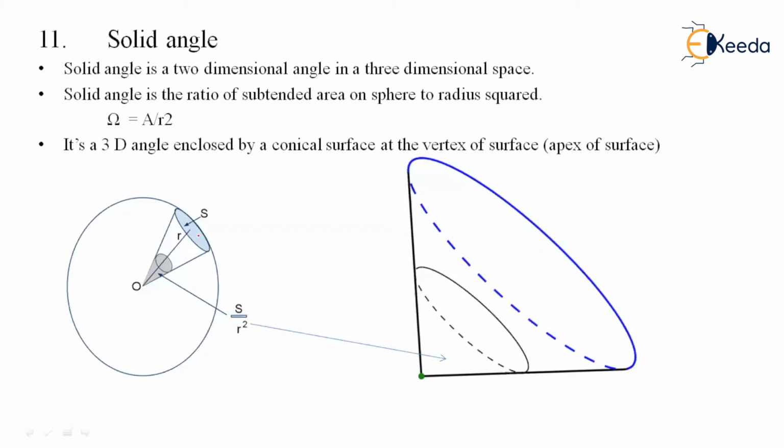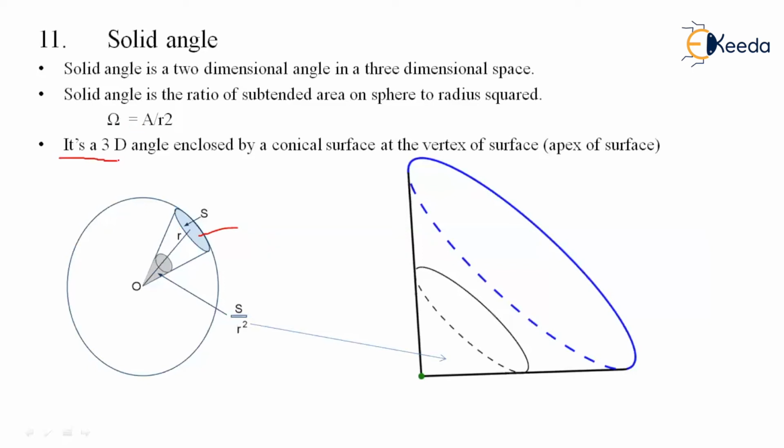The subtended area is this bluish color on the sphere. The radius, the distance between the surface and the center, is given by this symbol. So the formula goes A by R squared.